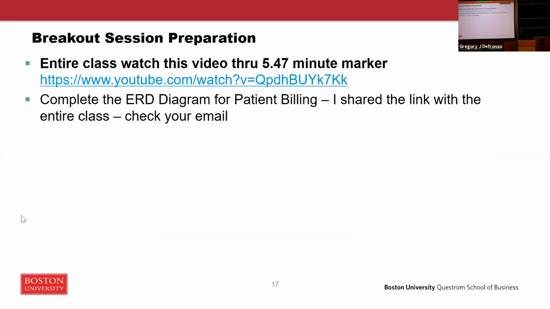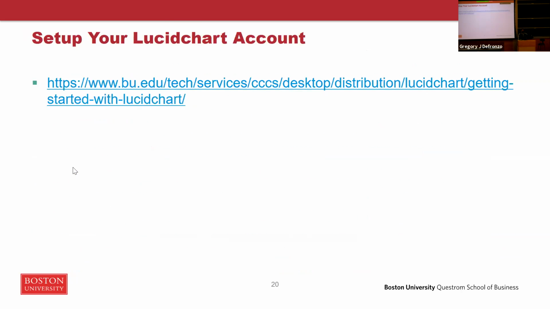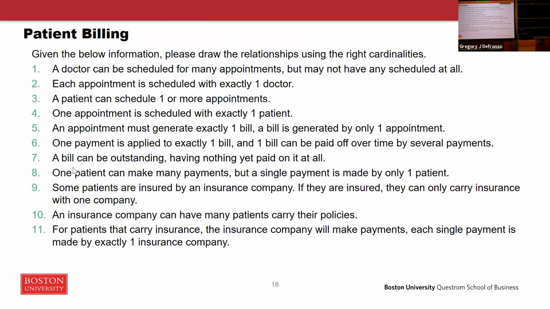Okay, so I'm going to break you into random teams. What I'd like you to do is, one person with this really strong internet, you bring up this slide, and in your email last week, I sent you the patient billing. It's a blank template.